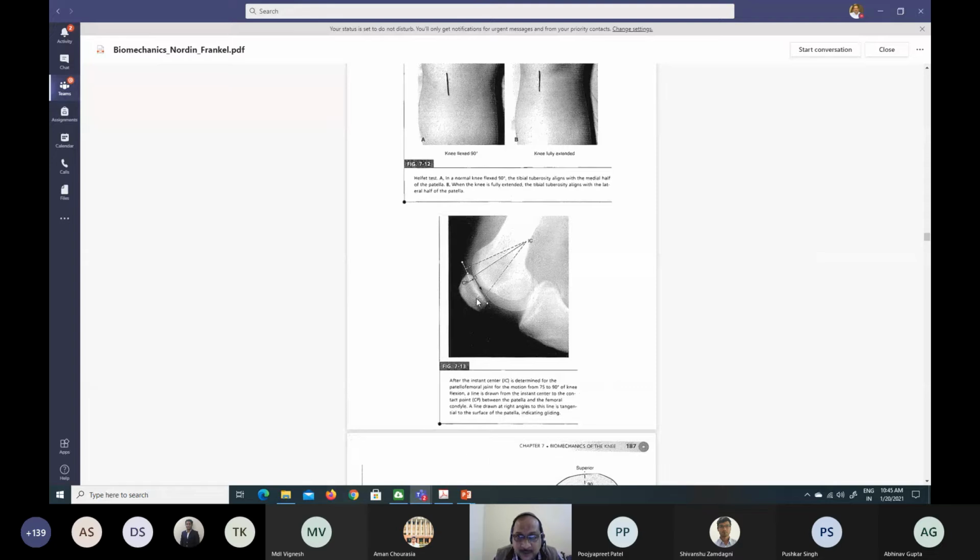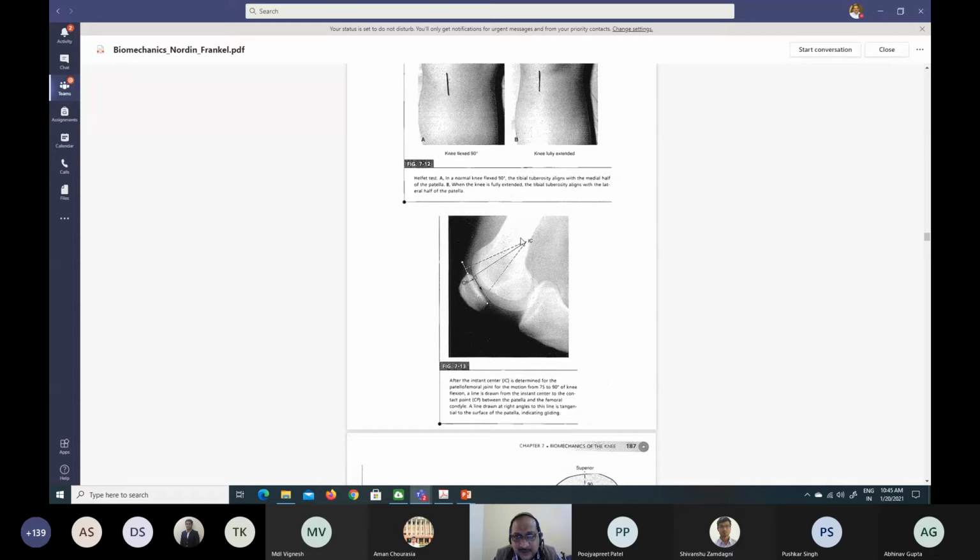So here it is tracking the patella. The patellar movement, as you can see here, very easily, 2 points on the patella. So we join the 2 points and drop a perpendicular.